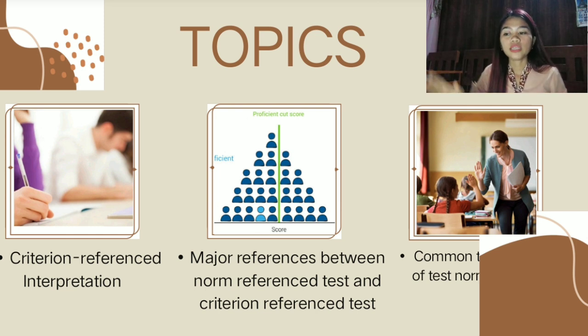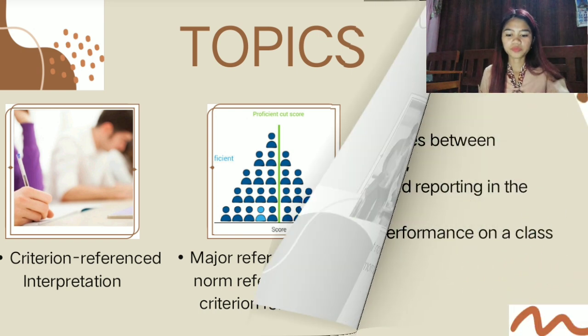The number 2, it is the major differences, not references, right? So I apologize. So the second, major differences between the norm and criterion reference test. And the third one, we have the common types of test norms.